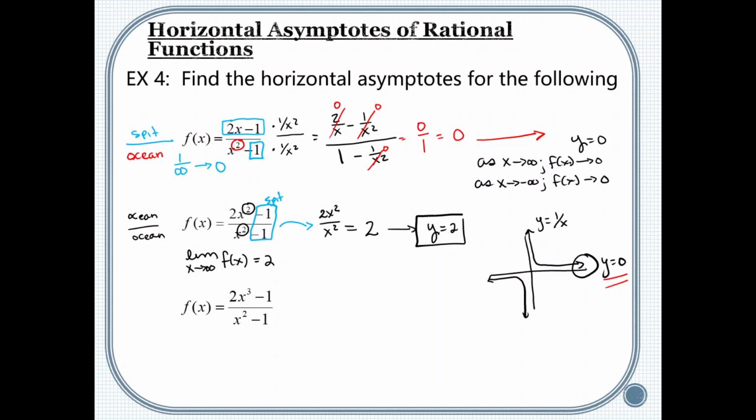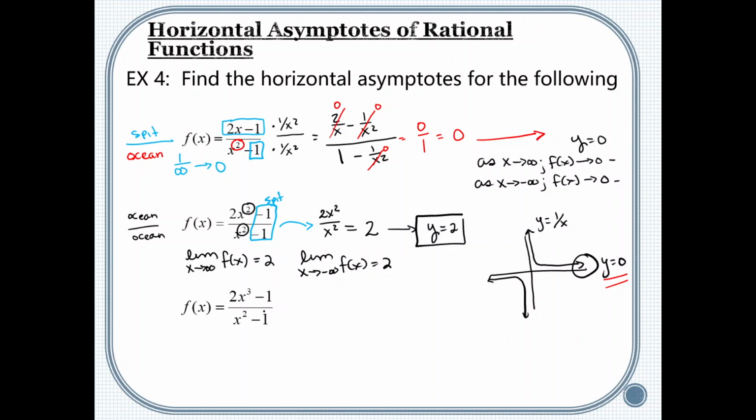Now, it is possible to have two different values here, but we have to add in some absolute values or different things to cause that to happen. So for the rational functions I'm dealing with right now, they're going to go to the same thing on both sides. And then here we'd have the limit as x goes to negative infinity will equal 2 as well.